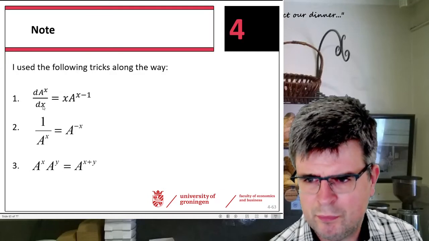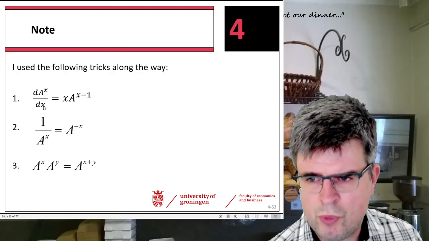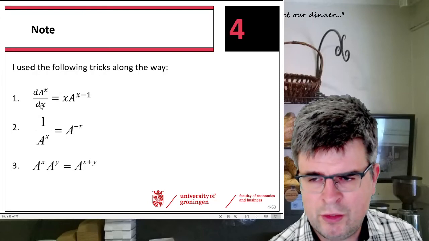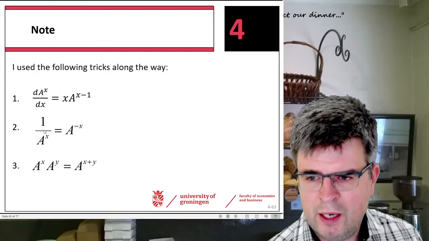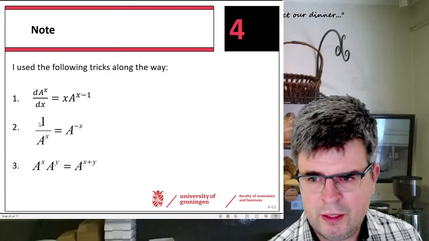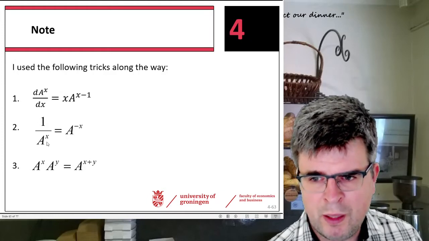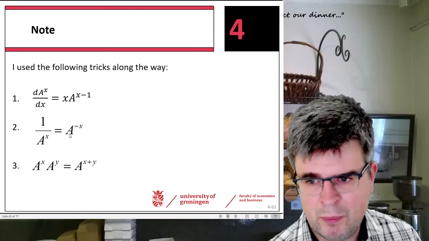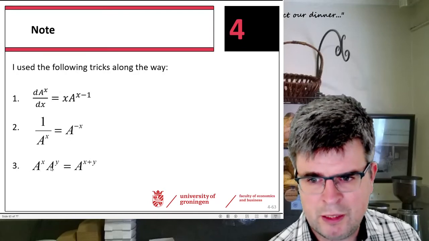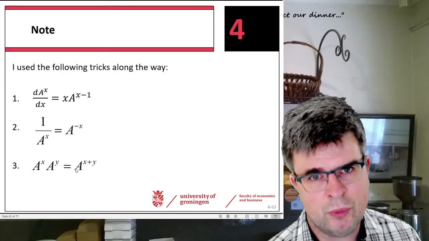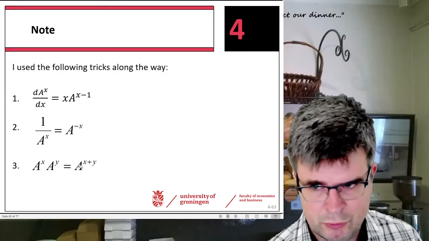Although I must say, you should do a dA over here, and not a dx. And we use that the inverse of a to the power x can be written as a to the power minus x, and we know that a to the power x times a to the power y is identical to a to the power x plus y.